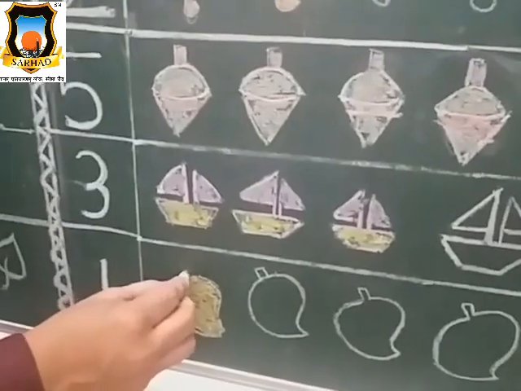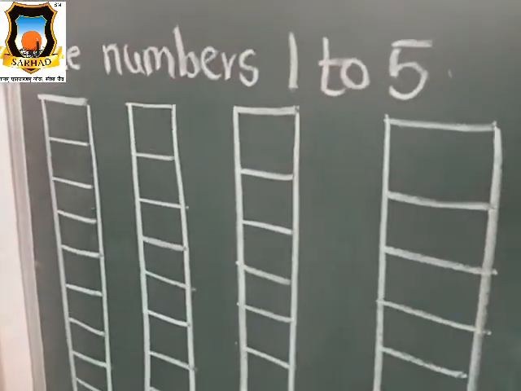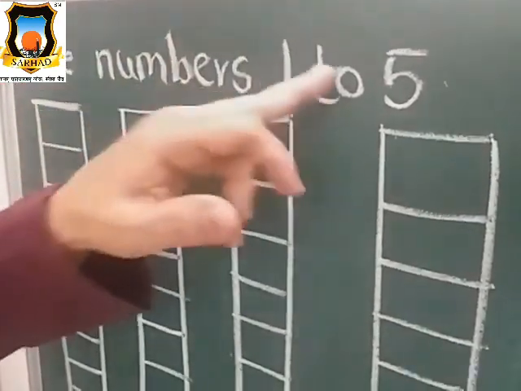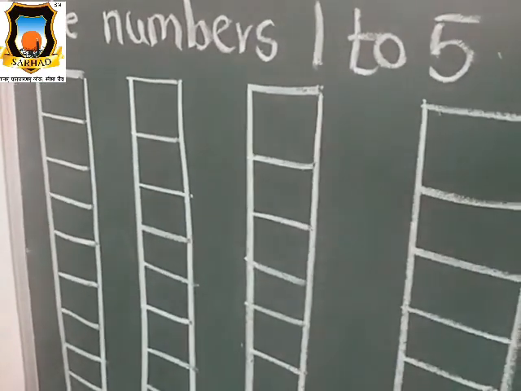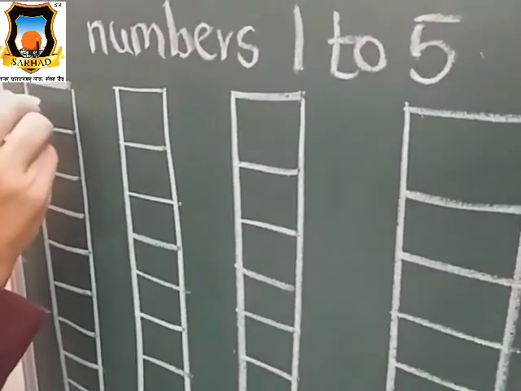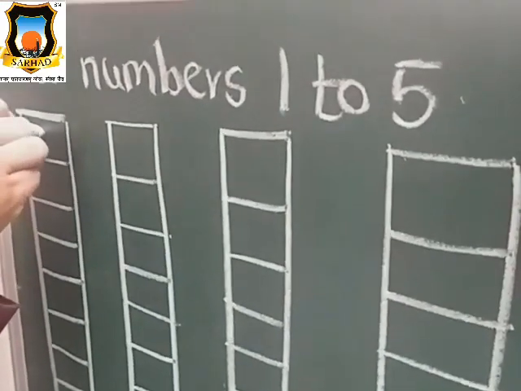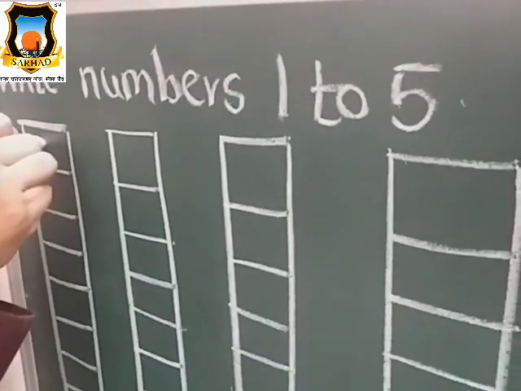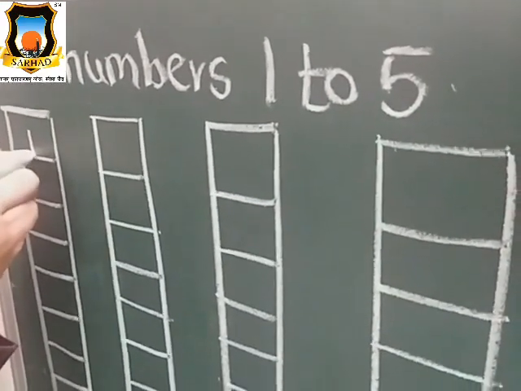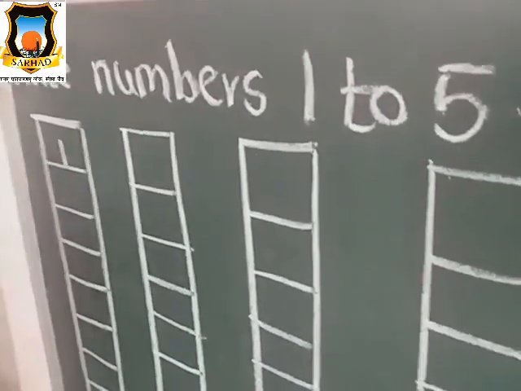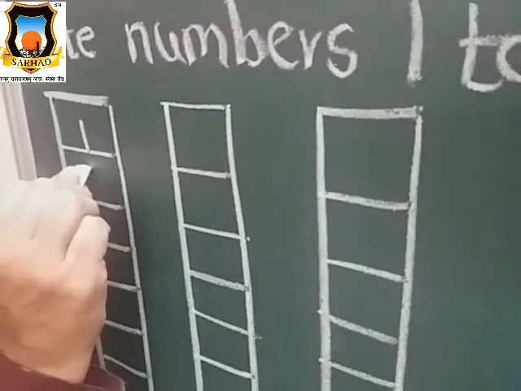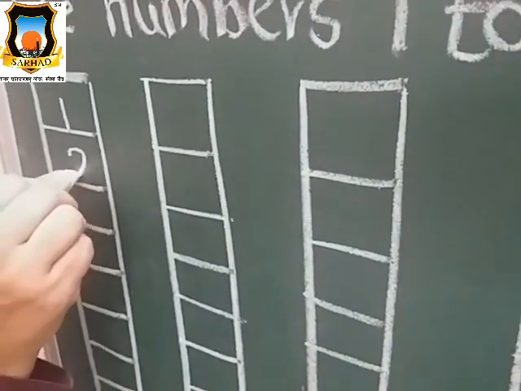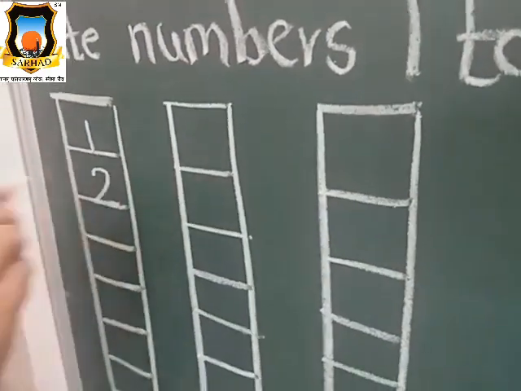So all of you understand, champs, how to color the objects? Children, our next concept is write the numbers 1 to 5 serially. So we are going to write 1 to 5 numbers in a sequence. Okay. So we have to put a pencil in the middle of the square and touch on bottom line number 1. After number 1 what comes? 2. So put our pencil in the middle of the square and touch on bottom line number 2.